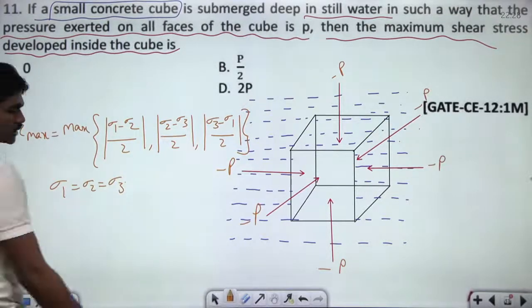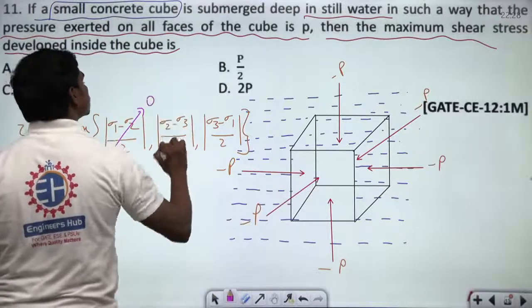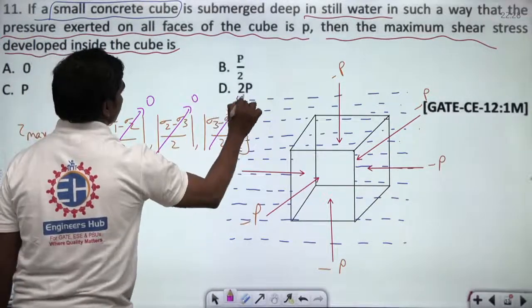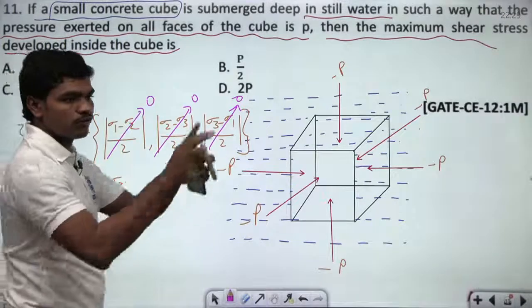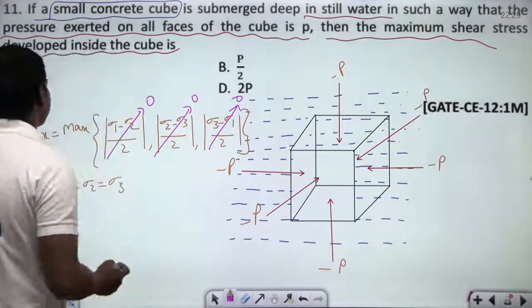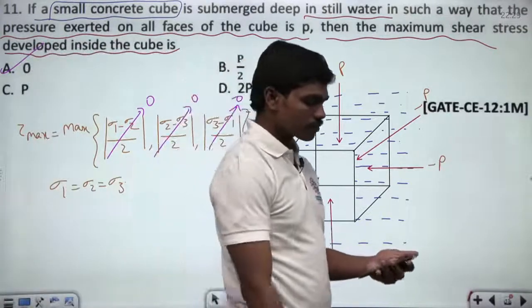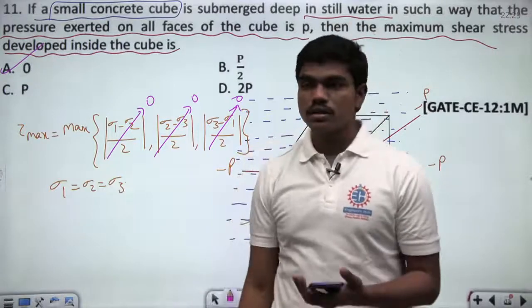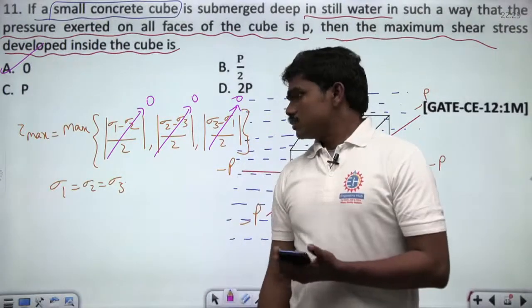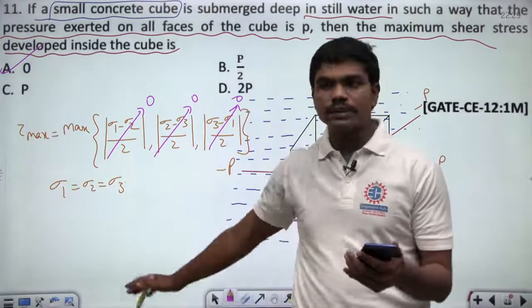If all these principal stresses are the same, then definitely all these values turn out to be zero. In case of biaxial stress, you have only one formula, (sigma 1 minus sigma 2)/2, which we talk about in plane. So in that case, this answer is 0. Tau max is the maximum of all these things. So are you all clear? The answer for this question is 0.